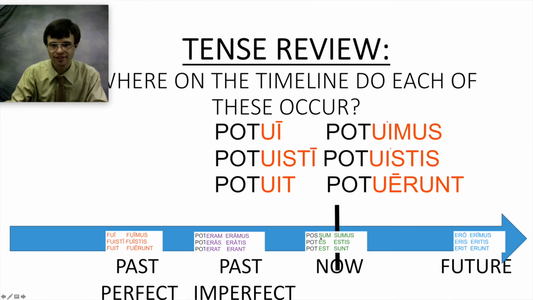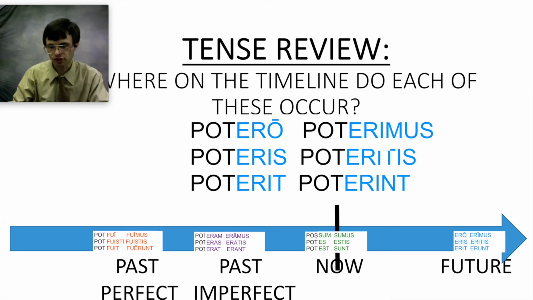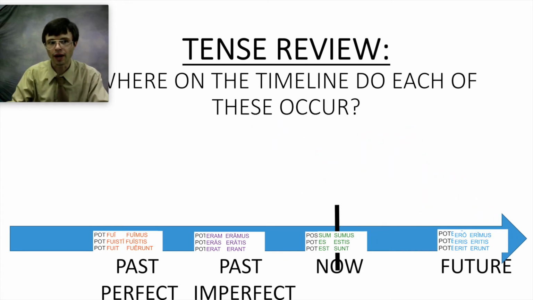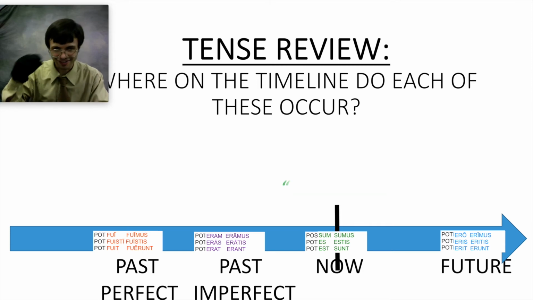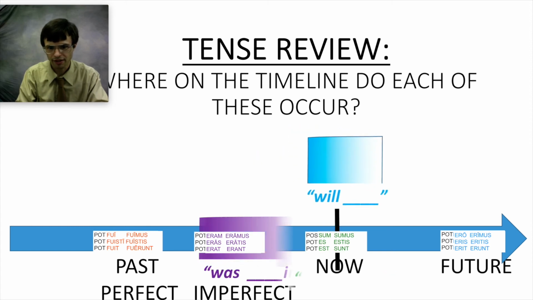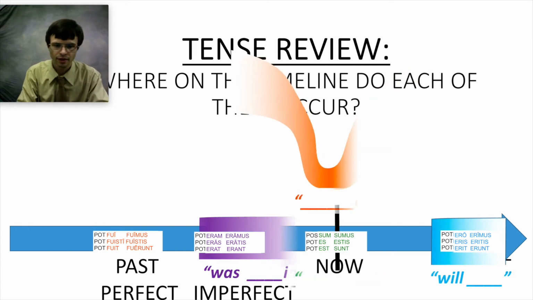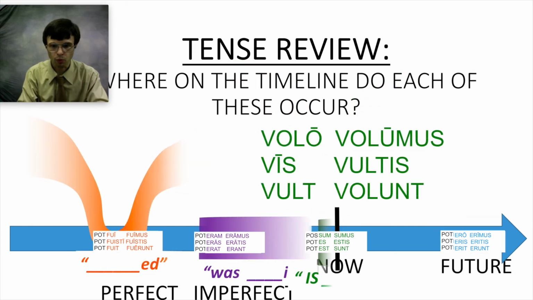Imperfect. Perfect. And future. Potero. I will be able in the future. Alrighty, so then, is blanking. Was blanking. Will blank. And blanked.